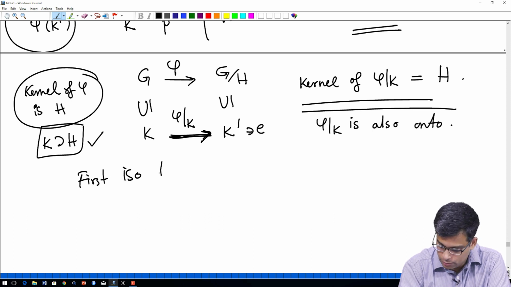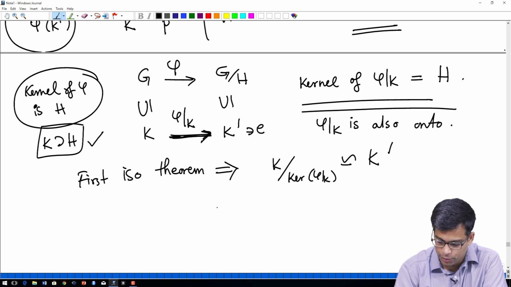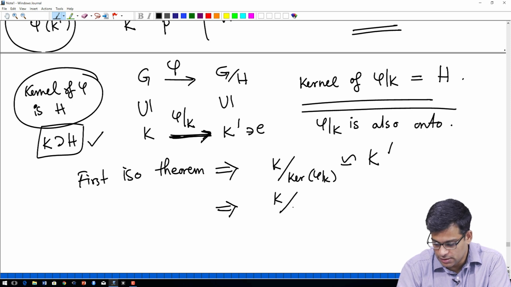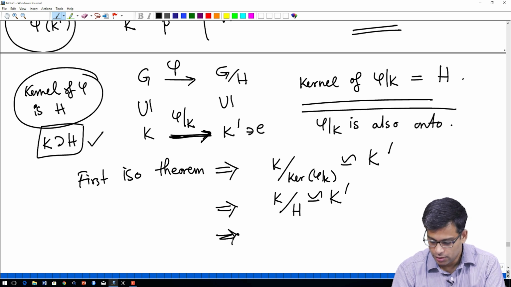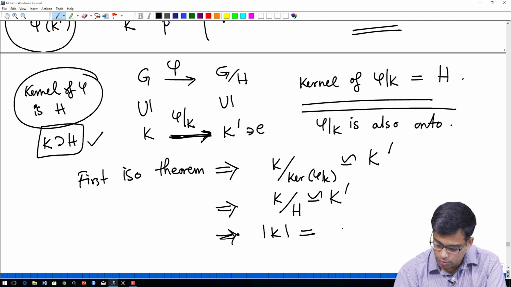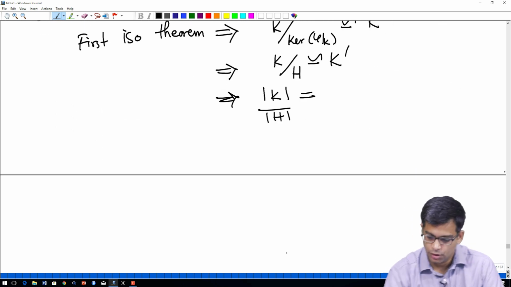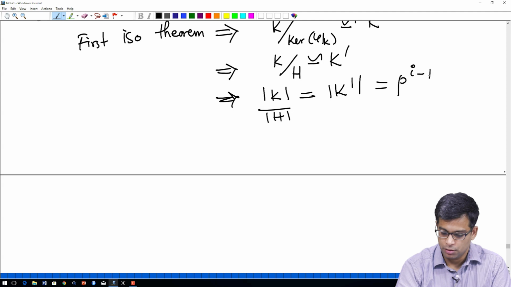The first isomorphism theorem says that K mod the kernel of this map, which I am denoting by phi restricted to K, is isomorphic to K prime. Because the kernel is H, the counting formula says that the order of K by the order of H is the order of K prime, which remember is p power i minus 1.